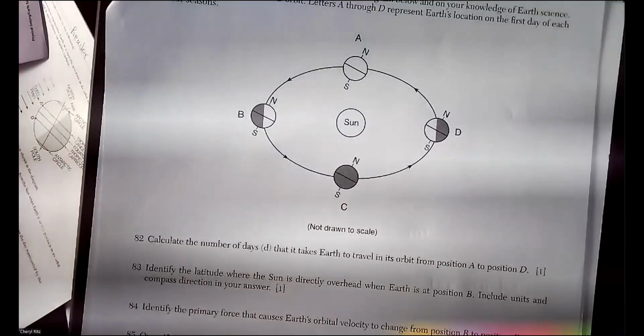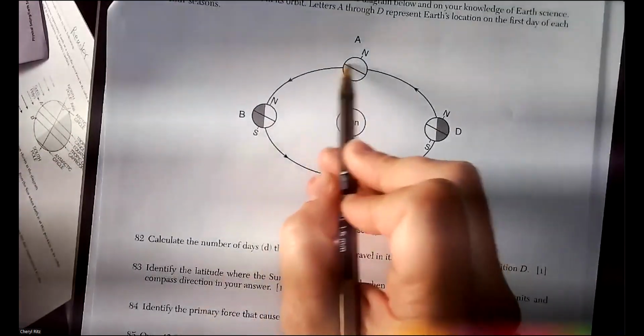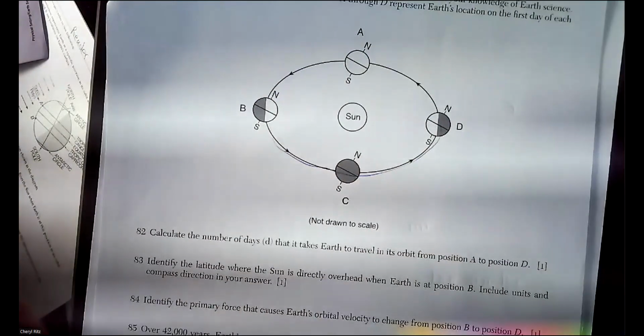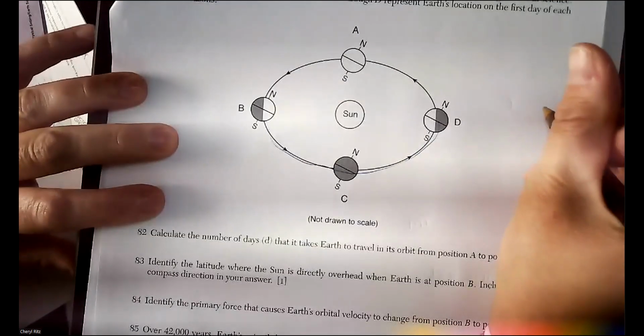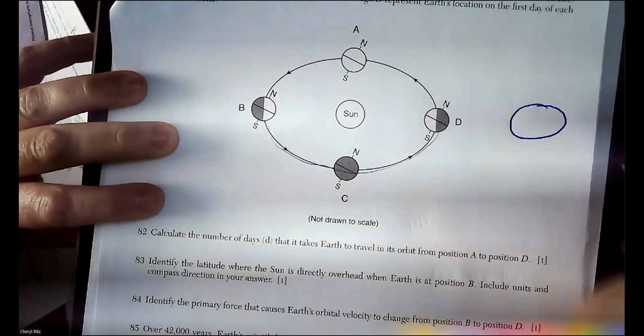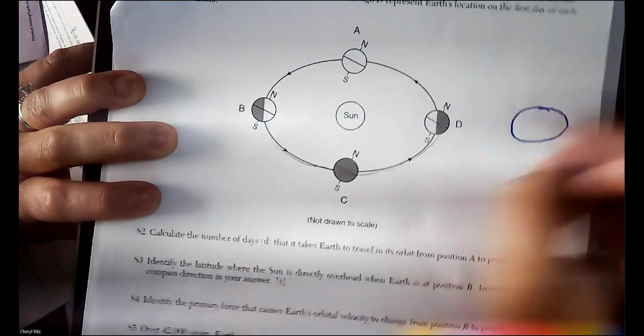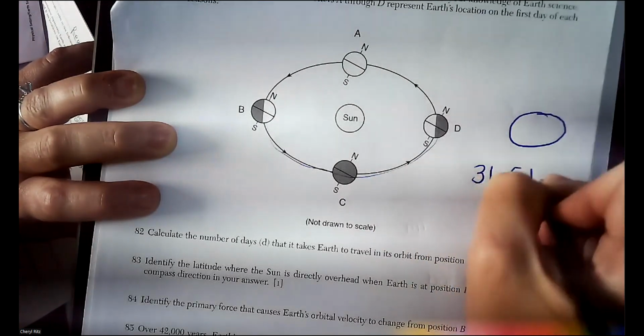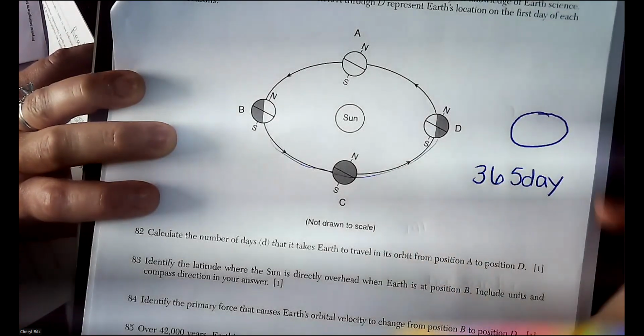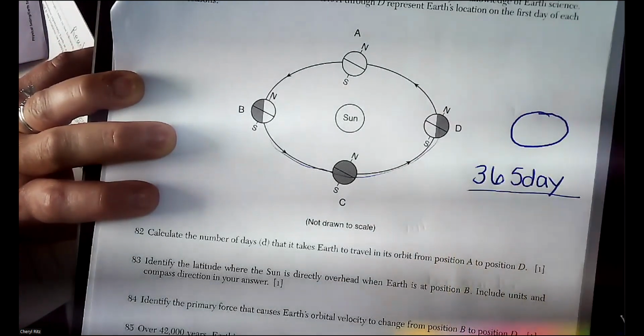82. Calculate the number of days it takes the Earth to travel in its orbit from A to D. How did you do this? Math. You've got to math it up. So my question is, how long does it take for the Earth to go all the way around that circle? 365. That's how long a year is.